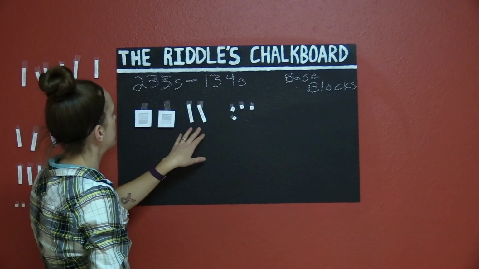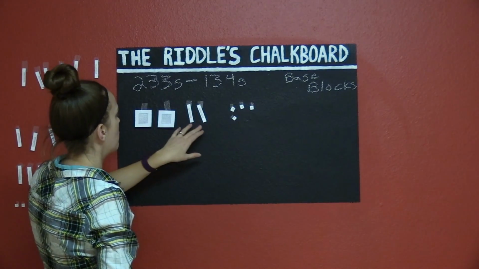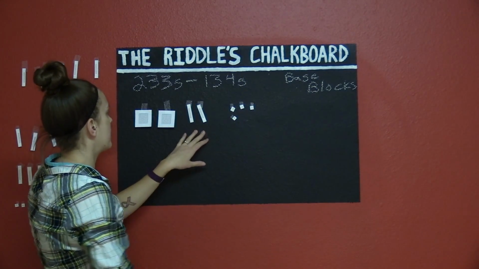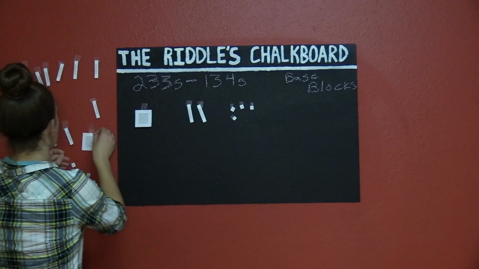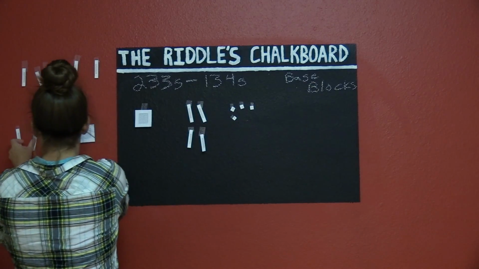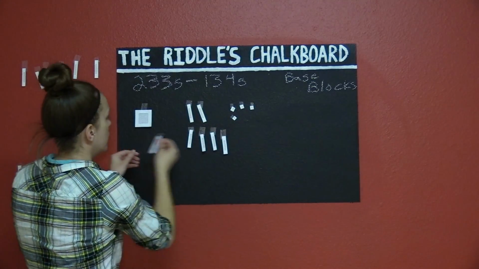Okay, now we'll move to the next place. Now we need to take 3 away from 3, but if you remember, we already traded in a rod, so we only have 2 rods left. So we're going to have to take a flat and trade it in for 5 rods. So 1, 2, 3, 4, 5.